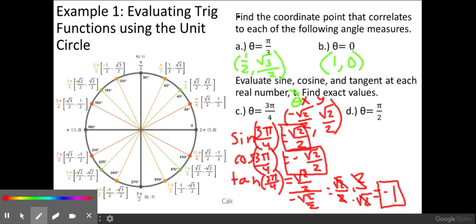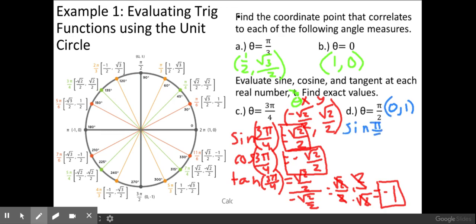We can now do the same thing for pi over 2. For pi over 2, we're going to find the point right here, 0, 1. Sine of pi over 2 equals the y value, which is 1.